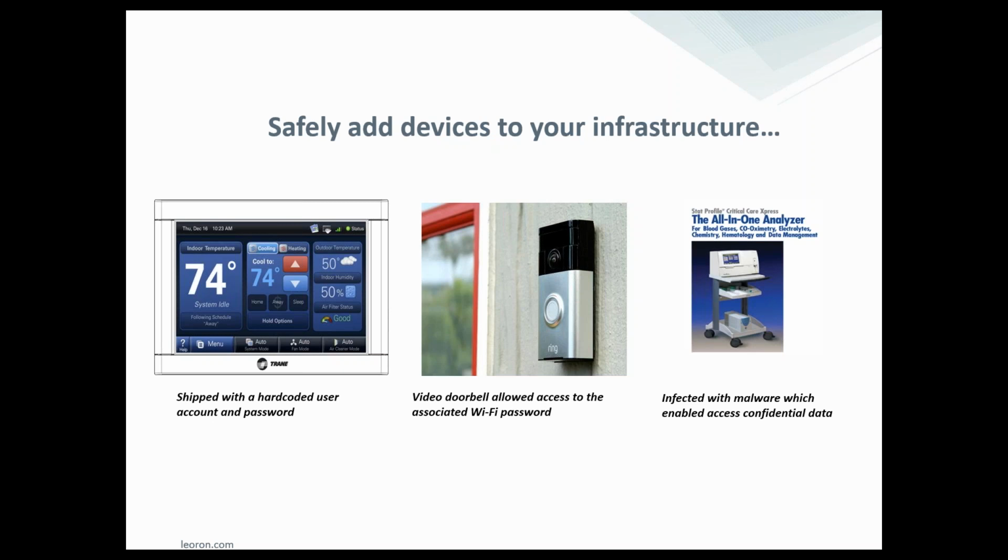The original firmwares of the Ring video doorbell allowed a person to gain access to the Wi-Fi SSID and password of your own network. So if you think about that, all of a sudden a nefarious organization could be using your network in your home to do things on the internet without you even knowing.